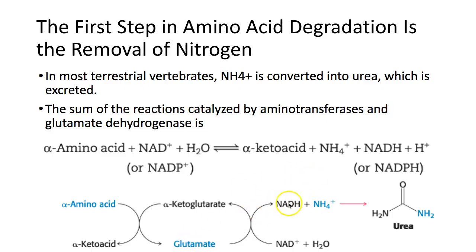With the NADH, you also have that free ammonium ion, and that will eventually go to produce urea, which is then excreted out of the body.